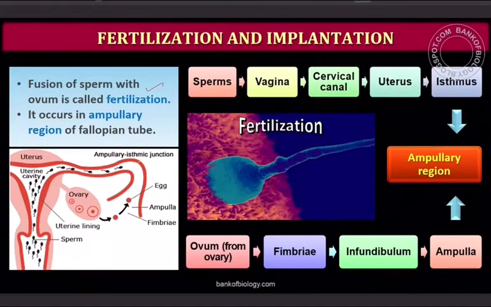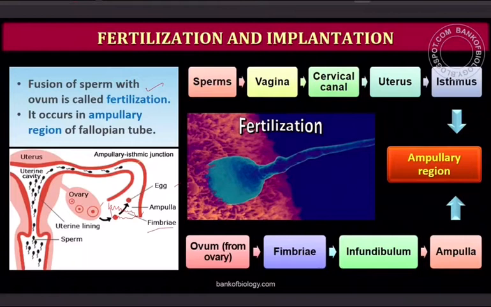Just above this fallopian tube there is a muscular structure, fundus. Fusion of sperm with ovum is called fertilization. The fallopian tube, having finger-like structures like this, will absorb the functional ovum or egg, as we call it.